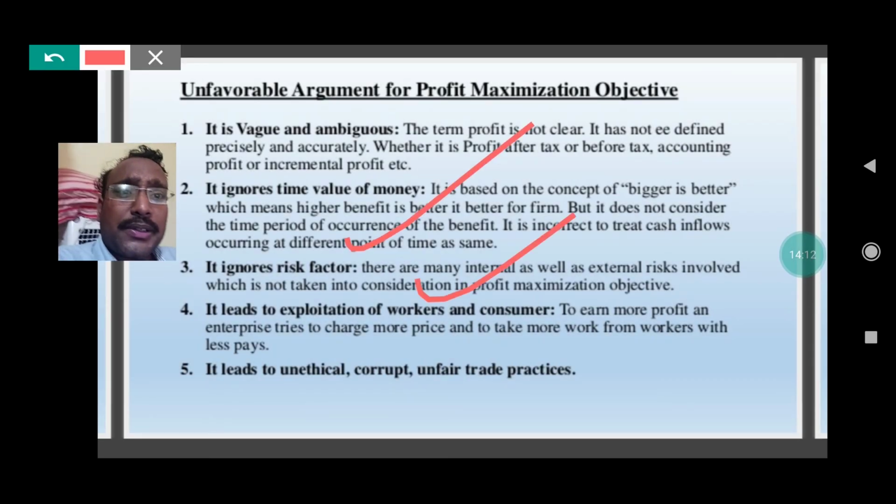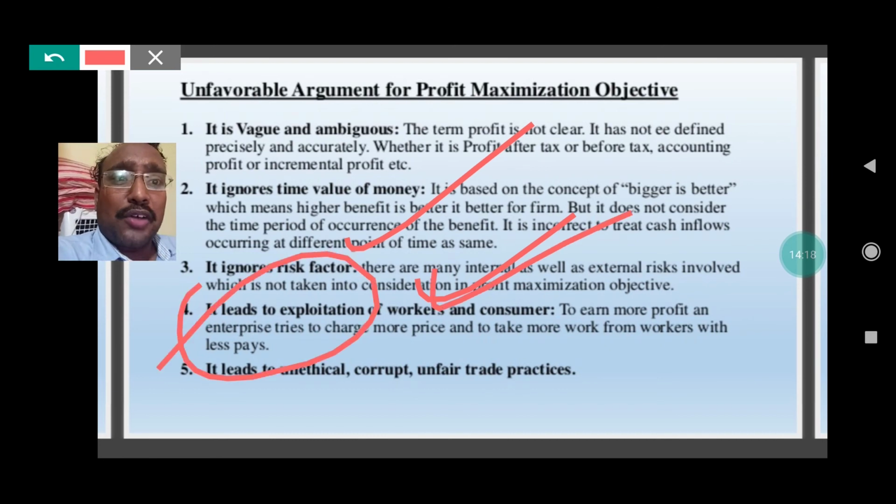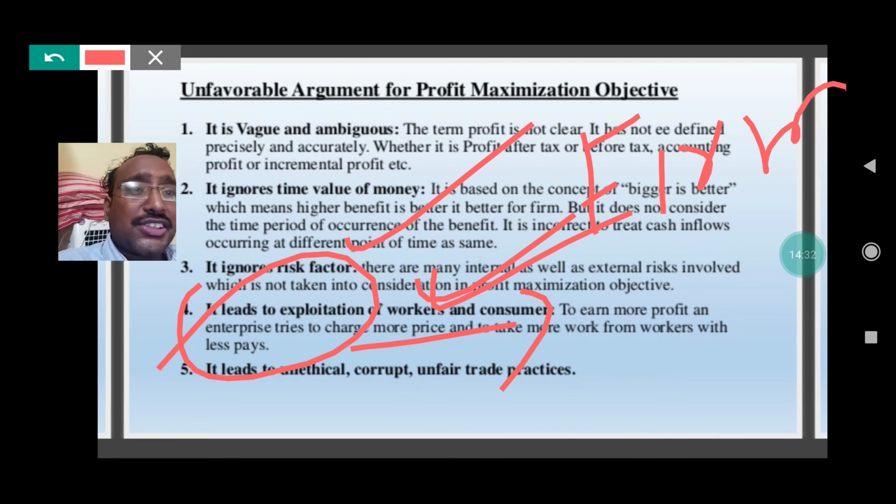And another one is, it leads to exploitation of worker and consumer. Why? Because earning enterprise profit is more important than others. Please understand the word. What is the intention of profit maximization? The intention of profit maximization is only to increase the profit of the firm or enterprise, but not consider the others.